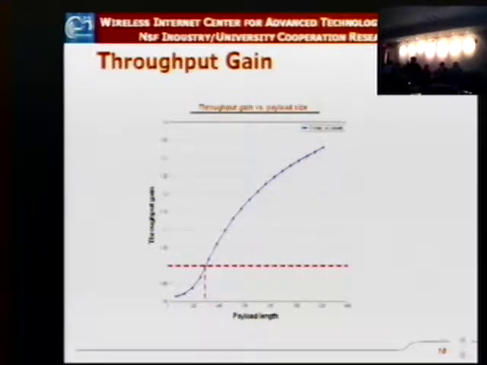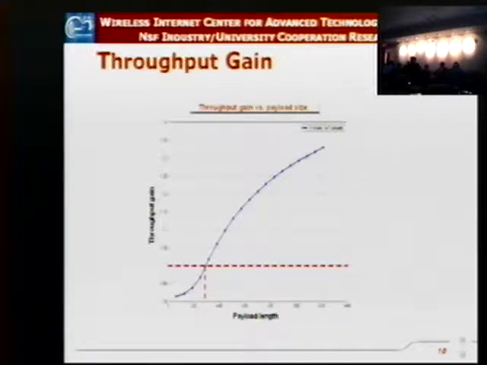But for small payloads, 802.11 does better than CoopMAC, and this is normal because we have this increase in the overhead from the control packets, from the added shifts. So as we said, for small packets, it is not worth using the control packets for the communication.